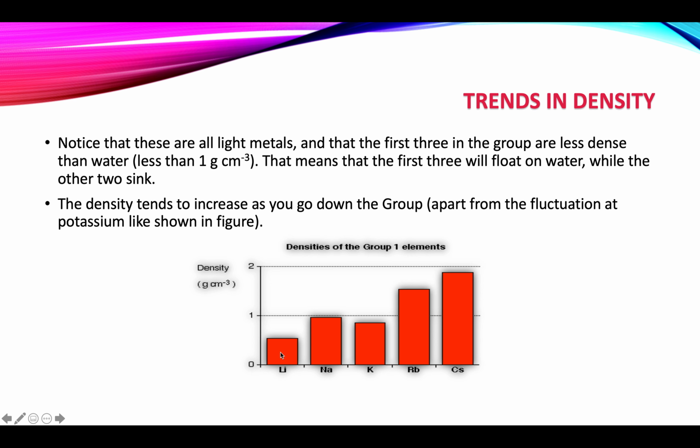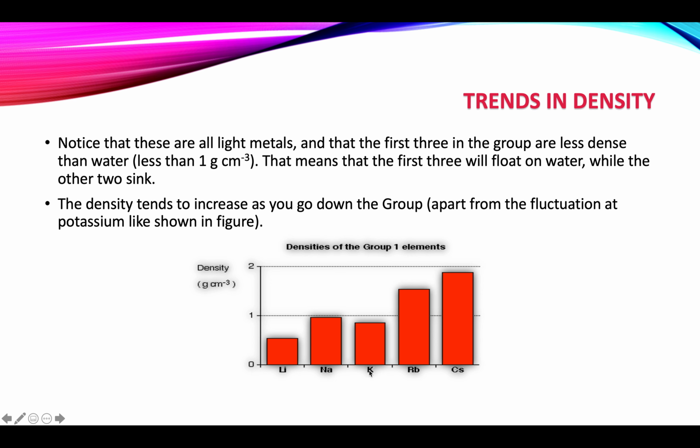The reason is that if we look at the atomic masses of these elements, lithium is 6 or 7, sodium is 23, and potassium is 39. So we can say that there is a small change in the atomic masses of these two elements when we move from sodium to potassium, 23 and 39.